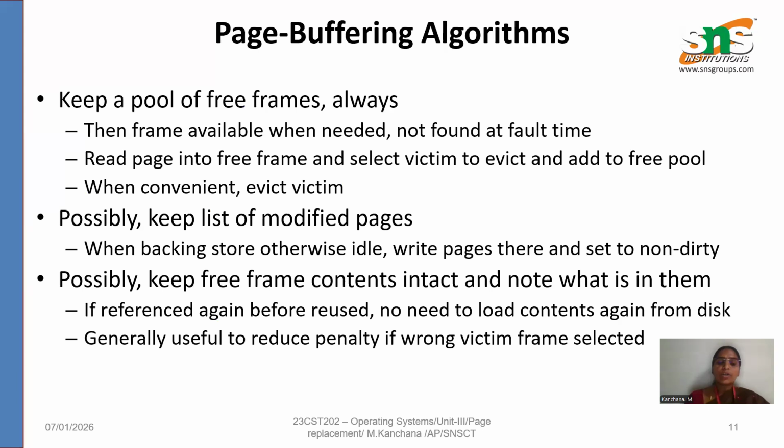To push performance even further, the operating system uses page buffering algorithms alongside the main page replacement choice. The core idea is to always keep a pool of free frames available in the background. Normally, when a page fault happens, the CPU has to wait for a victim page to be written to the disk before it can read the new page in. That is a double disk penalty. With page buffering, when a fault occurs, the operating system reads the desired page immediately into an already empty frame from the free pool.